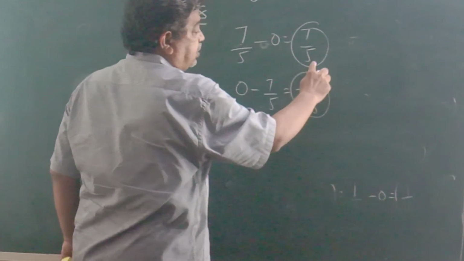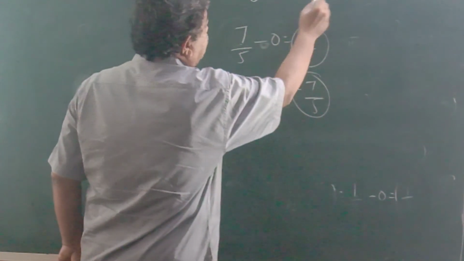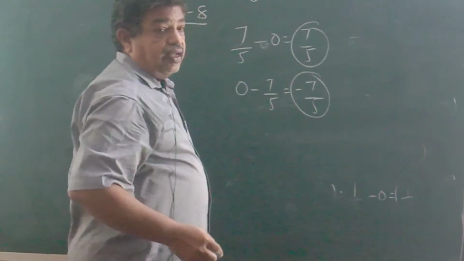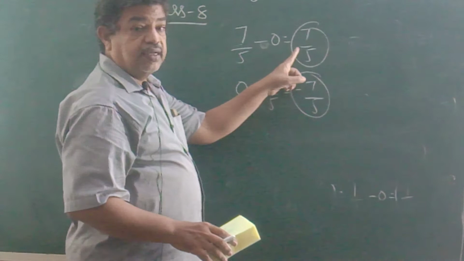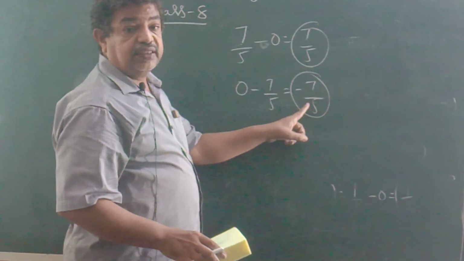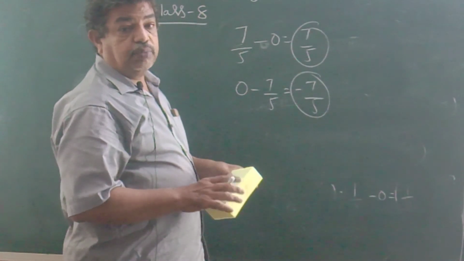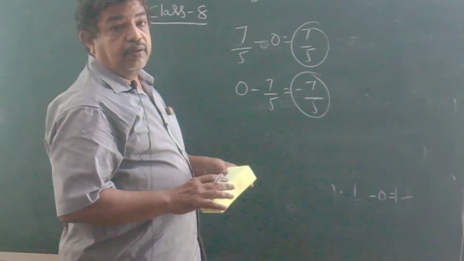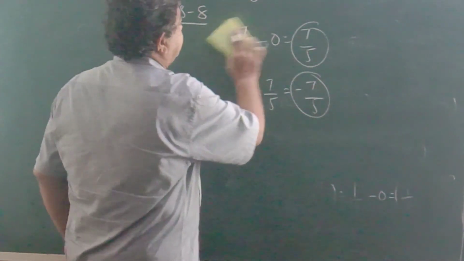What is the result here? 7 by 5. Here, minus 7 by 5. If a minus 0 were equal to 0 minus a, we would say rational numbers have identity property under subtraction. Here the result is plus 7 by 5 and here the result is minus 7 by 5. The result is not the same. Therefore, rational numbers do not have identity property under subtraction.